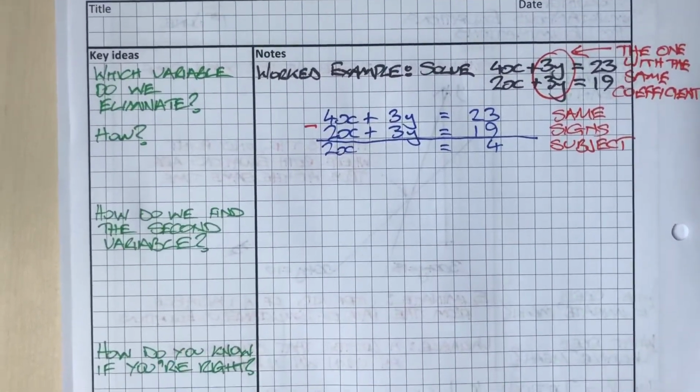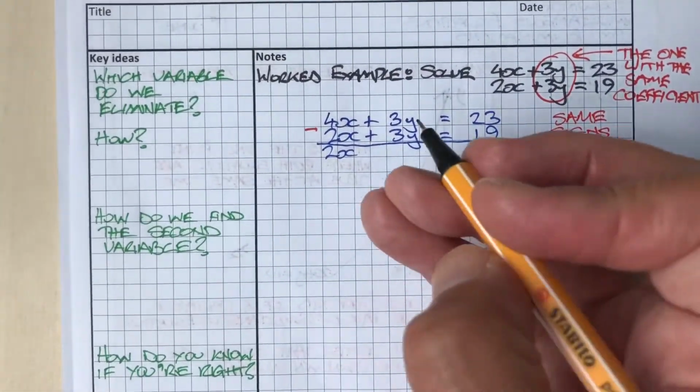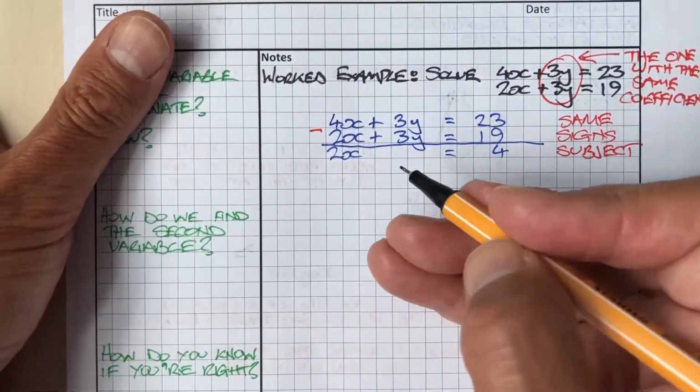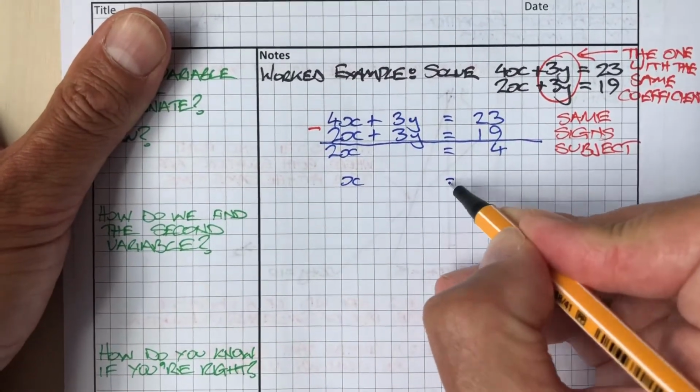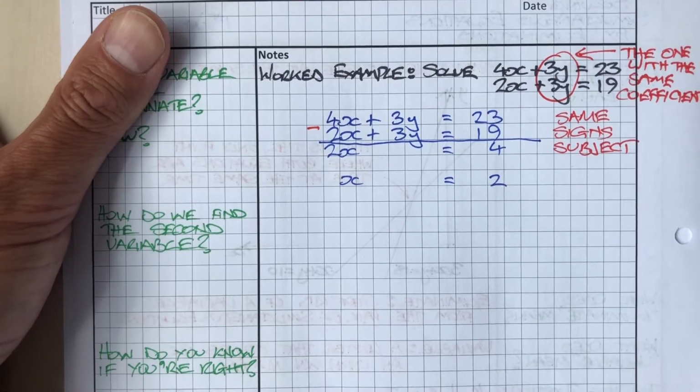So 2x is 4. Now, if 2x is 4, x is 2. So I know what value x has.